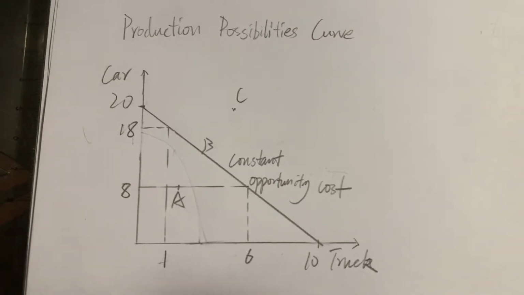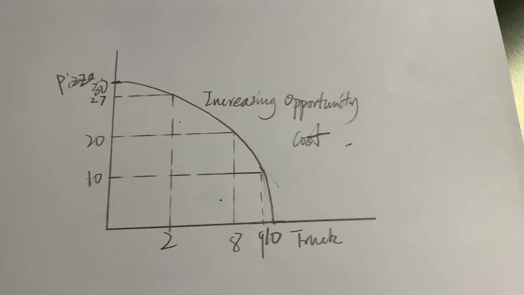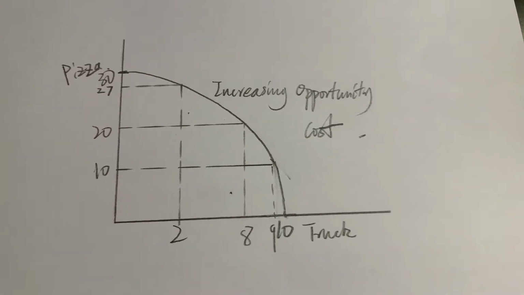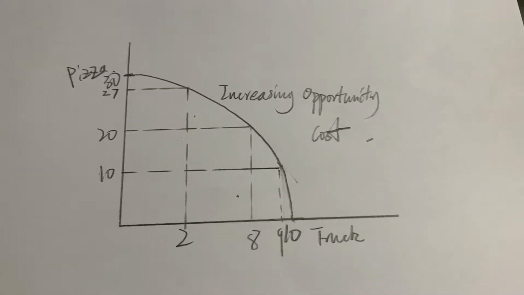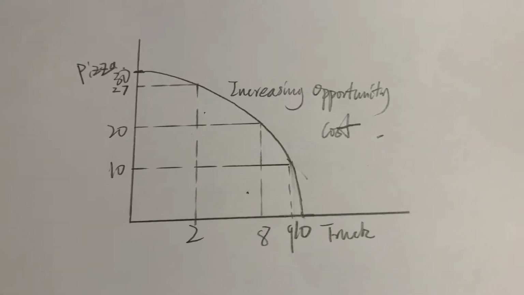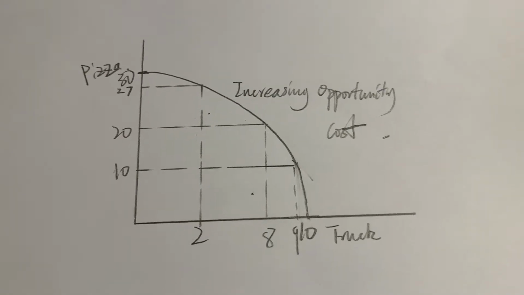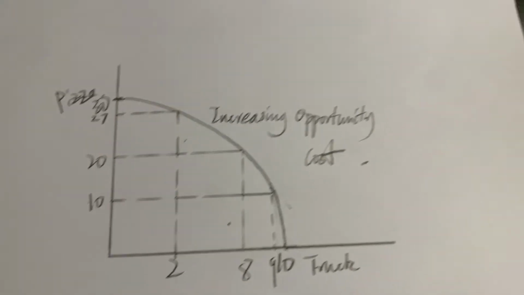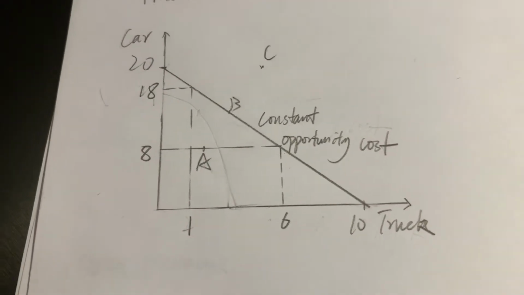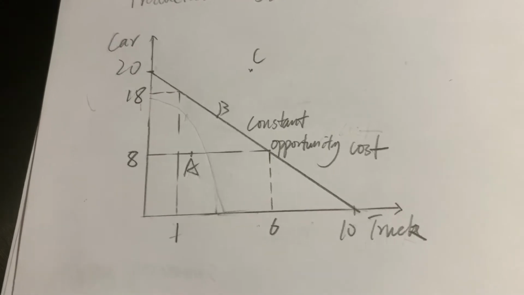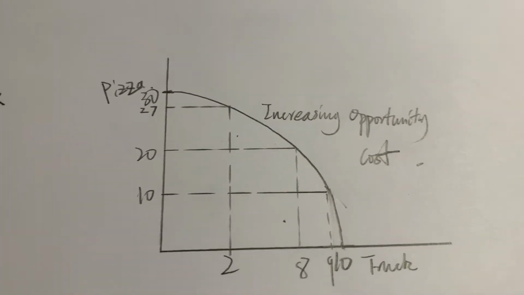This kind of production possibility curve is called the increasing opportunity cost graph. We can see in the graph that the pizza and the truck use different resources, which is different from the first graph, where the car and the truck use the same resources, such as land, labor, or capital.